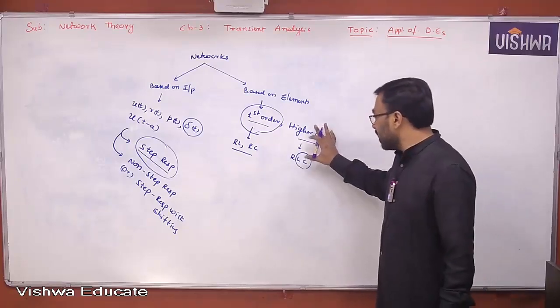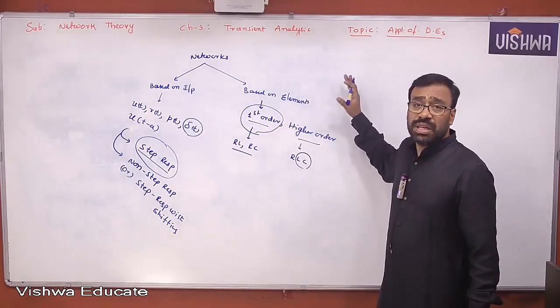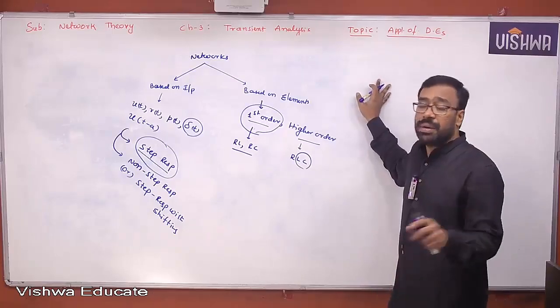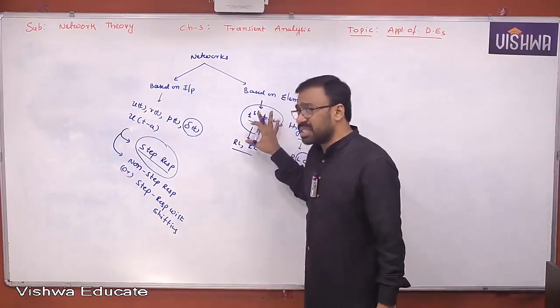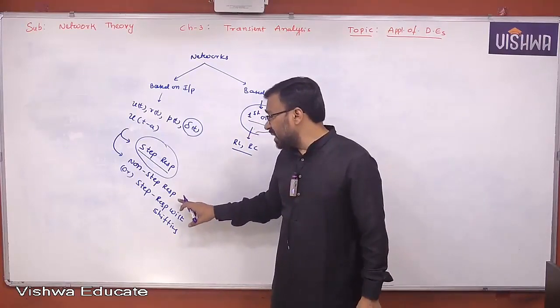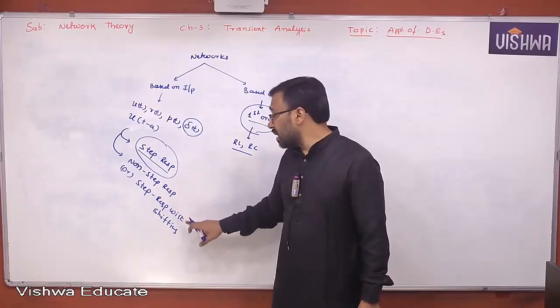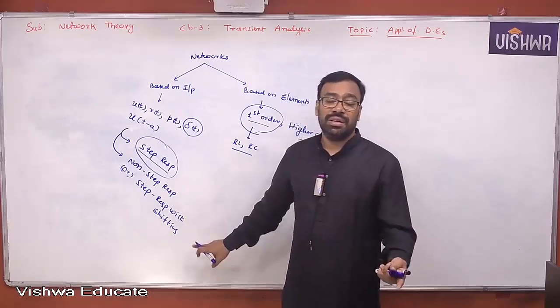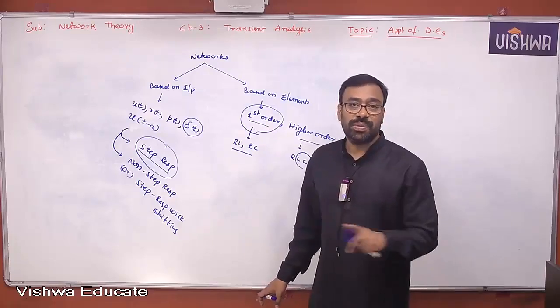For all these higher order circuits, irrespective of the given input, the technique and the formula I am going to explain may not be applicable. Understand all of you, okay? Sometimes you have a first order network, either RL or RC, but if the input is a non-step input, or else sometimes the step input will be there, but it has some shifting function. In such a case also, this method is not applicable.